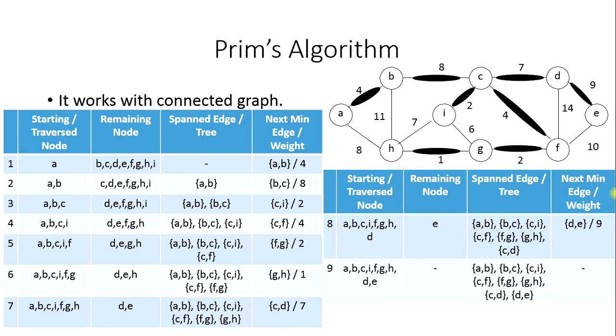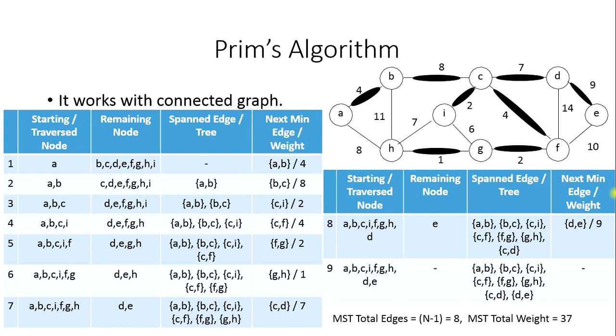So, in short, by using Prim's algorithm, we have created a spanning tree and traversed the entire graph. Now, let's look at it closely and see if it follows the rule of the minimum spanning tree, that is, the number of edges is one less than the total number of nodes. What is the total number of nodes? 9. What is the total number of edges? 8.